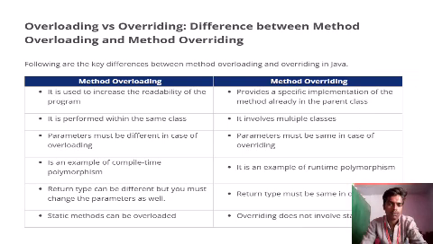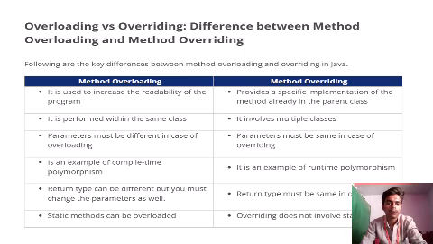Overloading versus overriding. Difference between method overloading and method overriding. Following are the key differences between method overloading and method overriding in Java. Method overloading is used to increase the readability of the program.